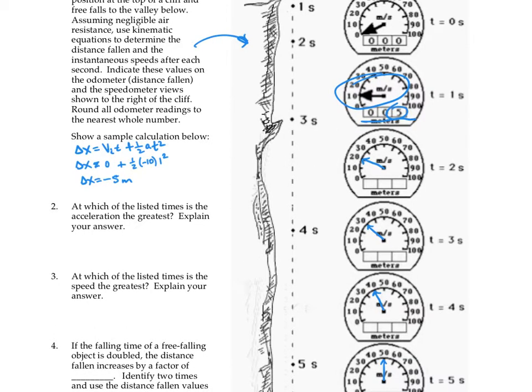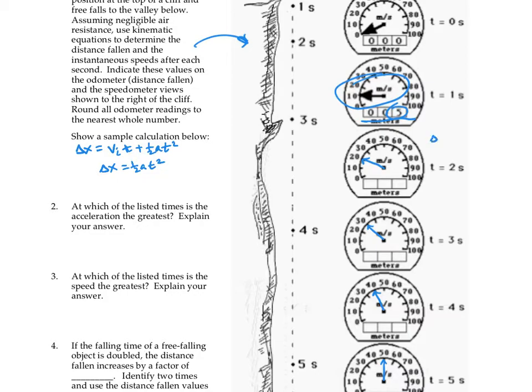I'm actually going to have to do some work to figure out the displacement. The general form of the formula here for displacement, I'm going to ignore this first term because it's 0. So I'm really just looking at 1/2 a t squared. Because that initial velocity is 0, that term goes away. So I'm going to write those over here.